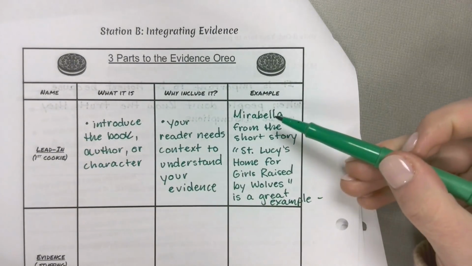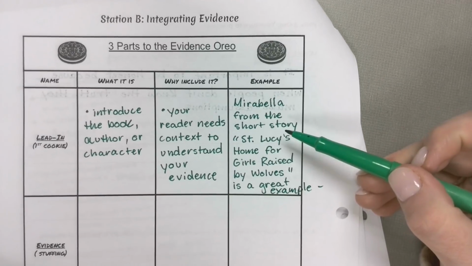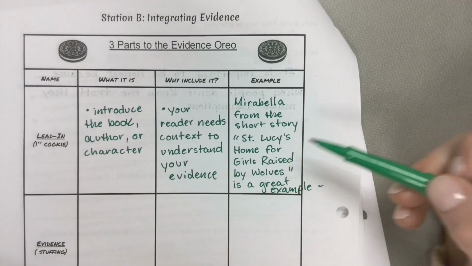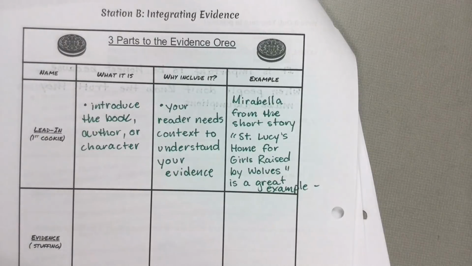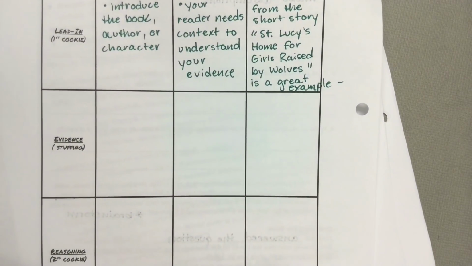We've got an introduction of the character, what type of story it is, and the title for the story. You're finished with your first cookie, so on to your evidence.